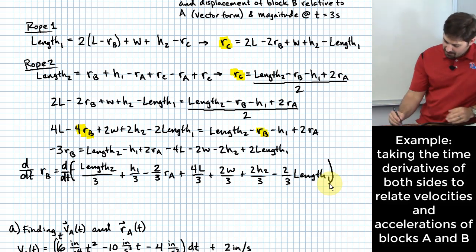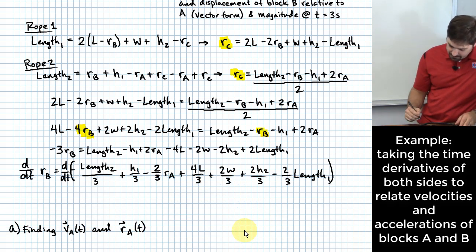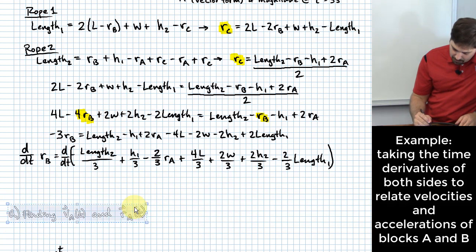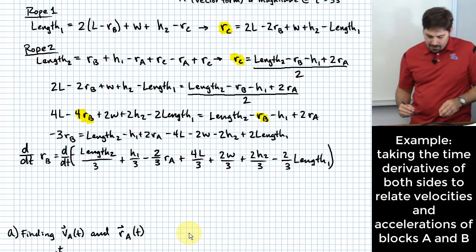So we went through all of that. I intentionally wrote out the whole thing, because once you get to the point where you take a derivative, a lot of these things go away.